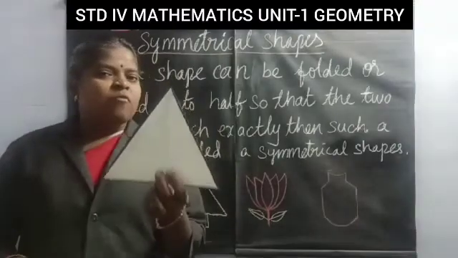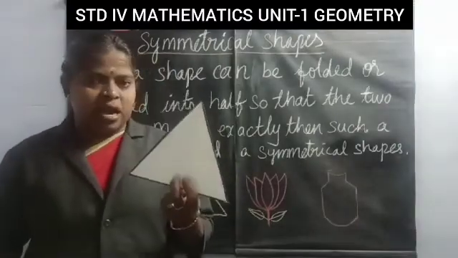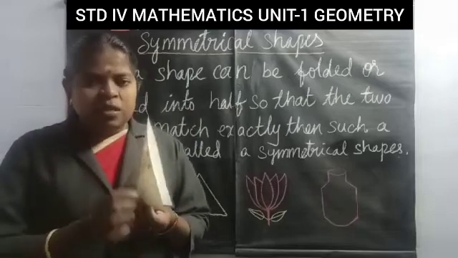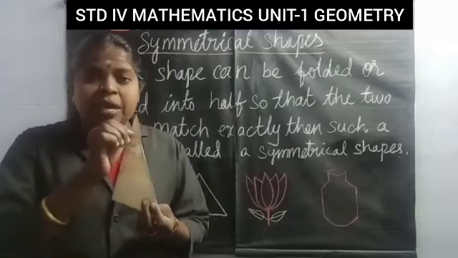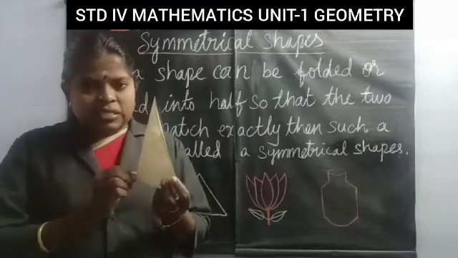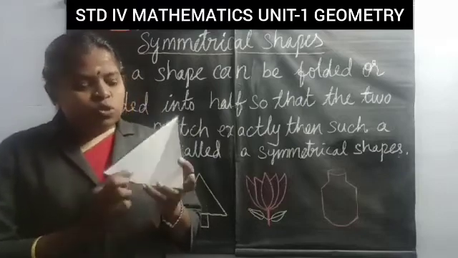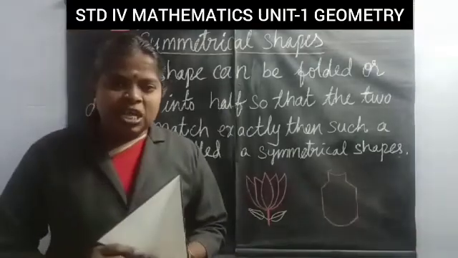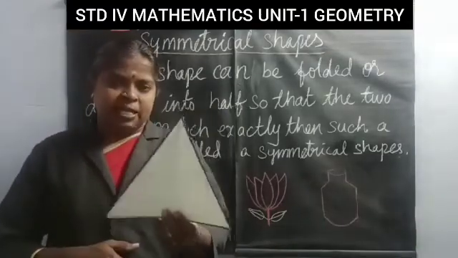Look at this shape. What shape is this? This is a triangle. When I fold this shape exactly, we will get two halves. We will get the same two halves. This shape is called what? Symmetrical shapes.